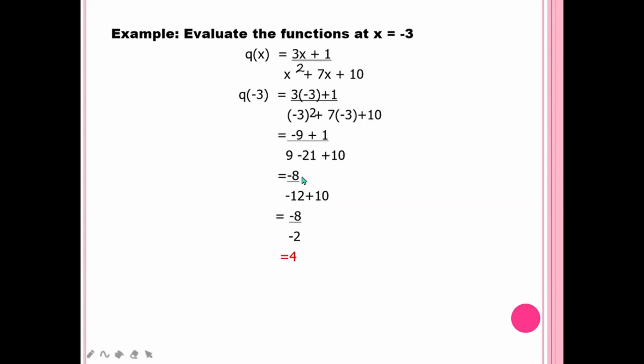So your answer is negative 8 over negative 2, because negative 12 plus 10 would give you negative 2. And the final answer is positive 4.